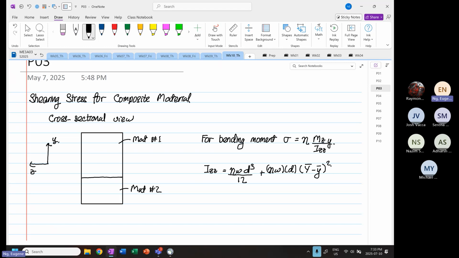And this n for material number 1 is equal to Young's modulus of material number 1 divided by Young's modulus of material number 1, using material number 1 as the reference material.